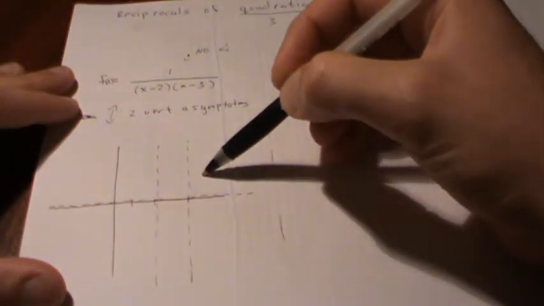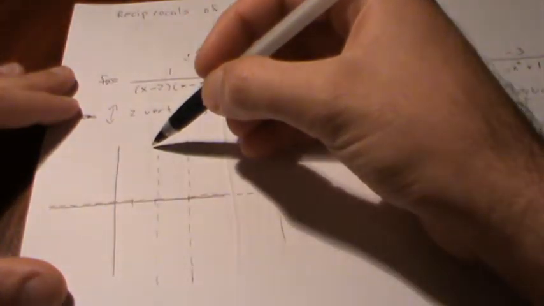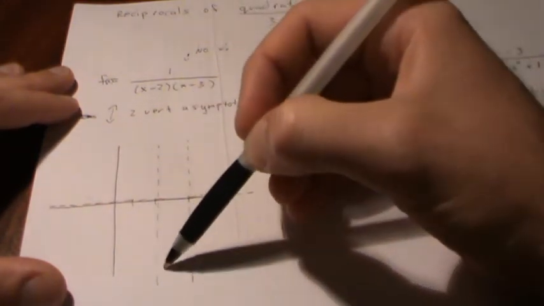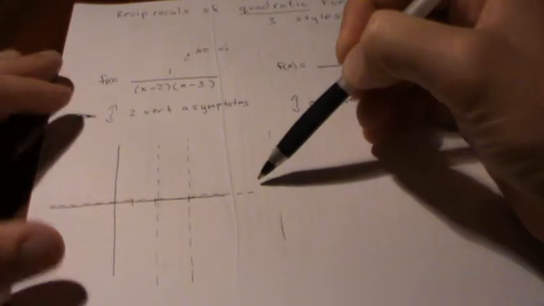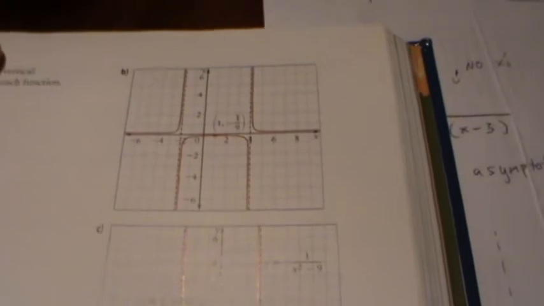So now what I've got is I've got 3 asymptotes to deal with, and I have 6 distinct sections of the graph. Now the thing is this graph could kind of look like this. It could kind of go up right here, and right here. And that would be, like for example in the book here, notice how we've got this same situation here.